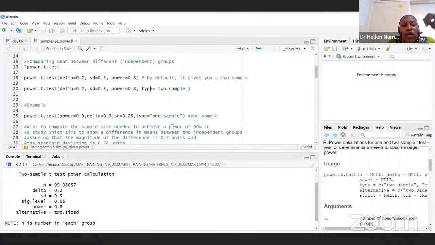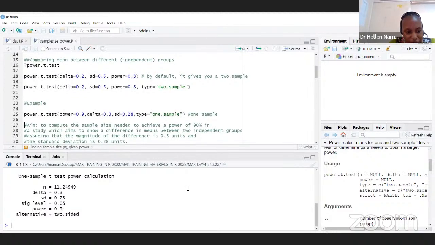So the aim is I want to compute a sample size that will enable me to achieve a power of 90% in my study, with the aim of having the difference in the means of 0.3 with a standard deviation of 0.2. So all you need to do is to feed in these different arguments. And then remember we said it's just 1 sample, and then you run that particular line.